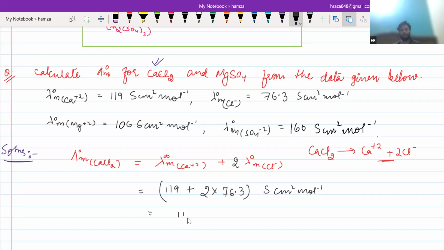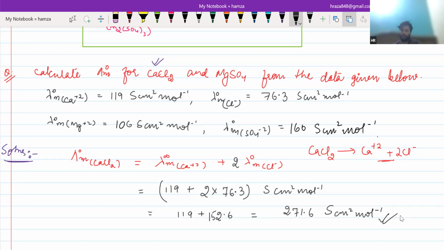Now adding it up, it will be approximately 271.6 Siemens centimeter square per mole.